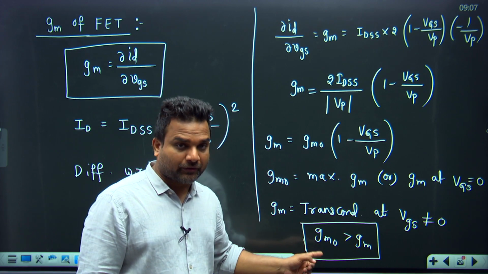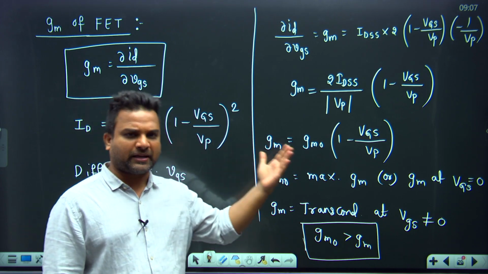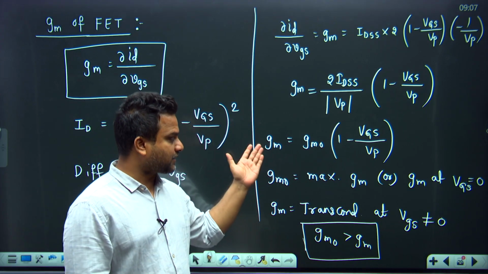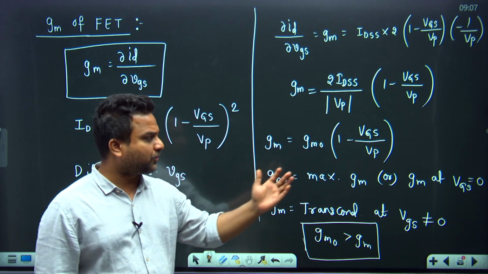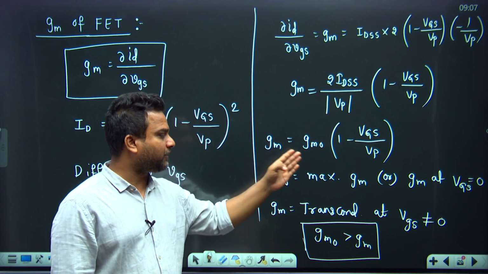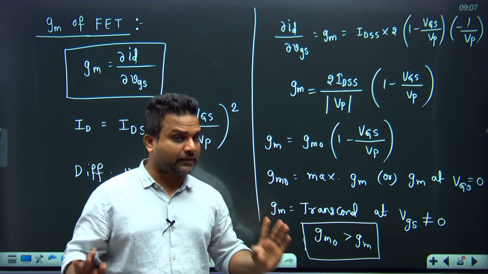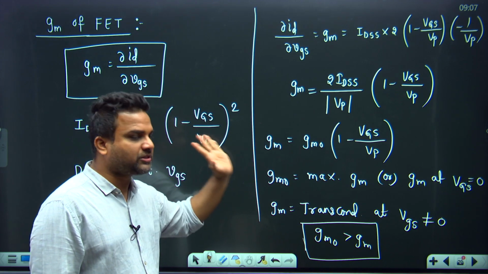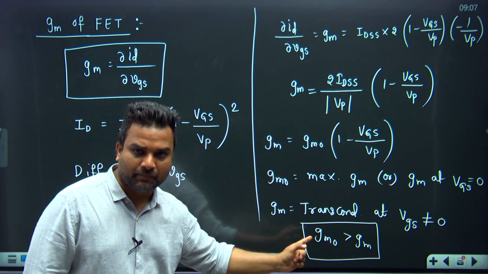This is very important for the PSUs, remember, whether they may ask you to calculate the maximum transconductance, or the transconductance for a given VGS, or else they may ask you VGS or VP by giving GM and GM naught. But the fact is, remember guys, GM is smaller than GM naught, or GM naught is greater than GM.